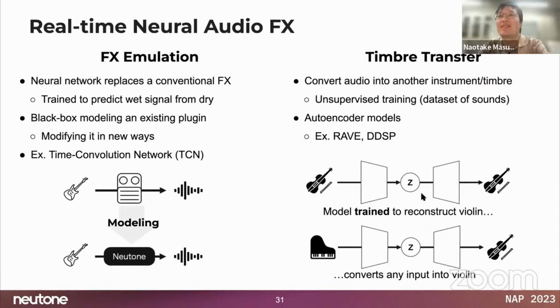So this intermediate Z variable is called the latent variable, and that sort of encodes the musical information like pitch, loudness, etc. And when you feed the network piano sounds or any sort of out of domain sounds, the encoder extracts the musical information and reconstructs that, but the decoder only knows how to create violin sounds, and that's how we get a timbre transfer effect.